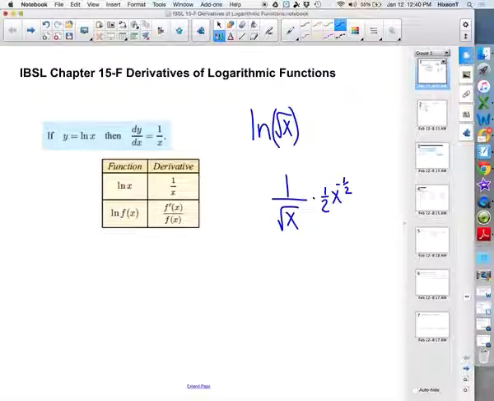And if you simplify that, this is 1 over the square root of x times 1 over 2 times the square root of x. So it's 1 over 2x. Okay?